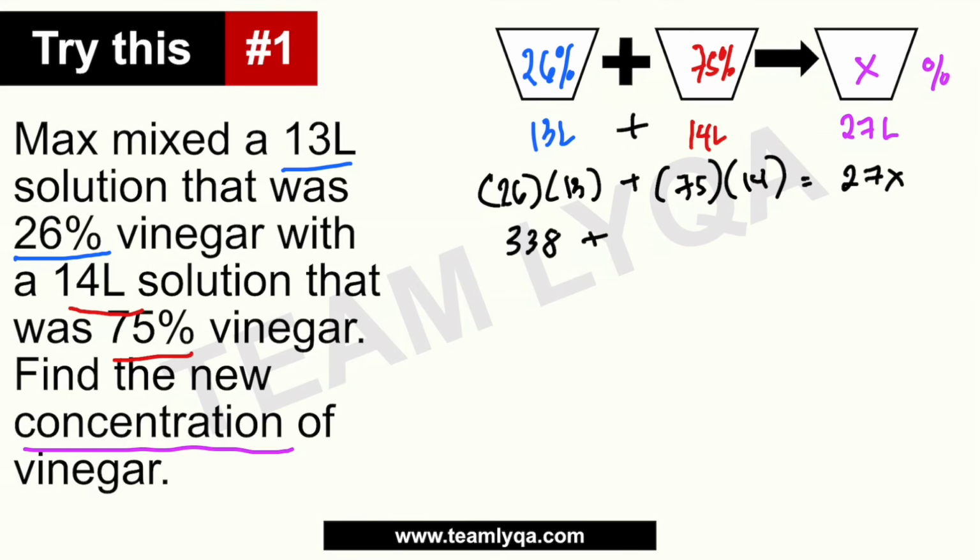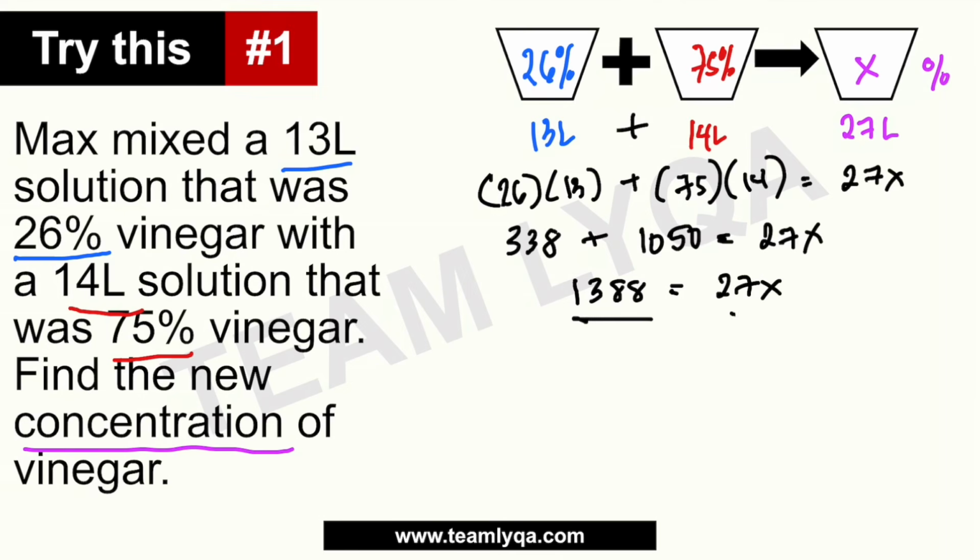Kung dalawang 75 ay 150 at meron kang 14 nun, i-divide ko lang yung 14 sa 2, that would be 7. Ang gagawin ko lang doon, 7 times 150. So again, that's another way to solve it, or kung gusto nyo i-long cut, pwede rin. Ito ay 1,050, equal po siya sa 27x. Okay, so idadagdag ko lang yung 338 sa 1,050. You have 1,388 is equal to 27x.